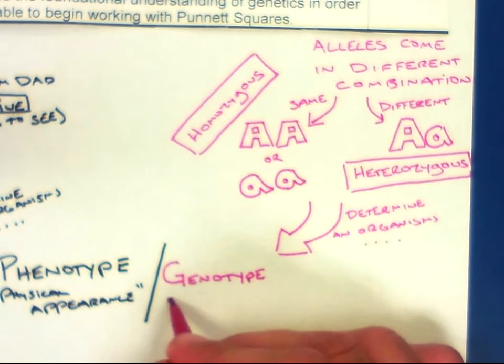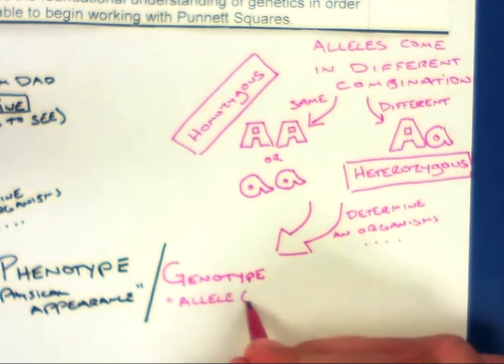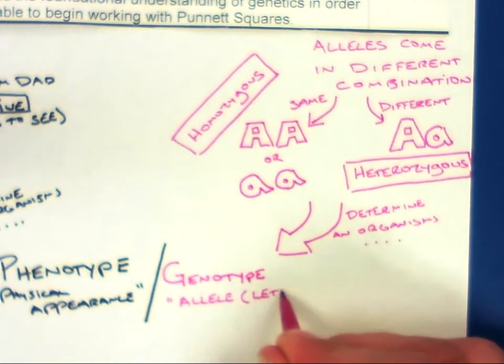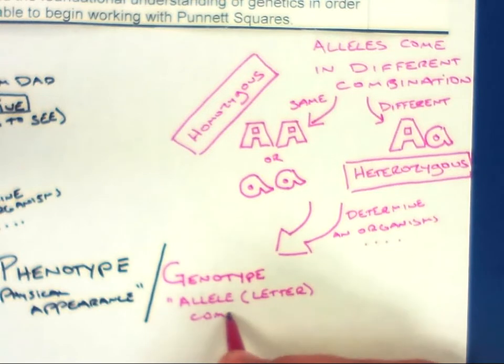And genotype means allele, you can put in parentheses, letter combinations.